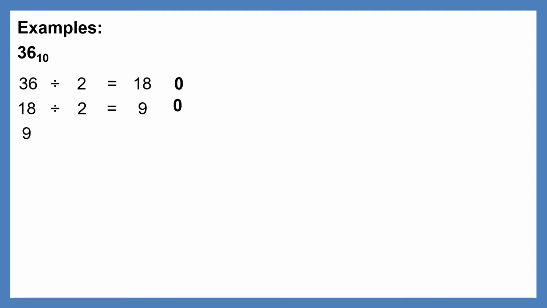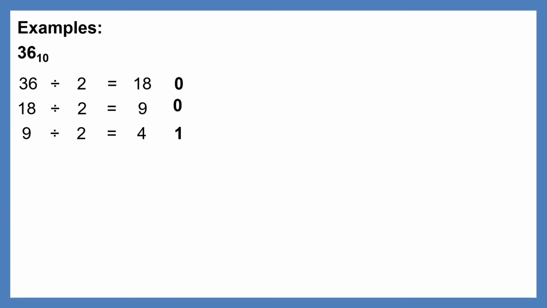Next, 9 divided by 2 is equal to 4, and we have a remainder of 1. So 9 divided by 2 is equal to 4, remainder 1.